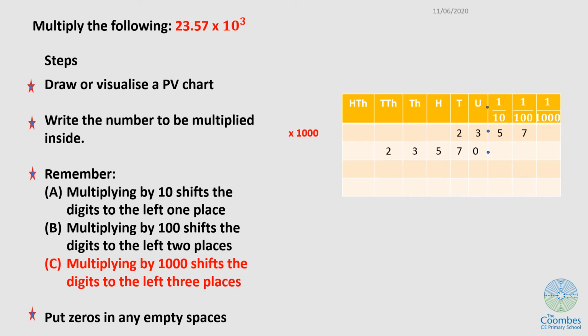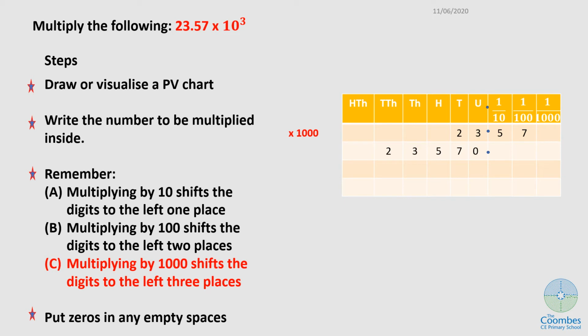Okay, we have this number to multiply. It's 23.57 times 10 cubed. Now, previously we know that 10 cubed is just 10 times 10 times 10, which is 1,000. So if I follow my steps again, I'll draw my place value chart.